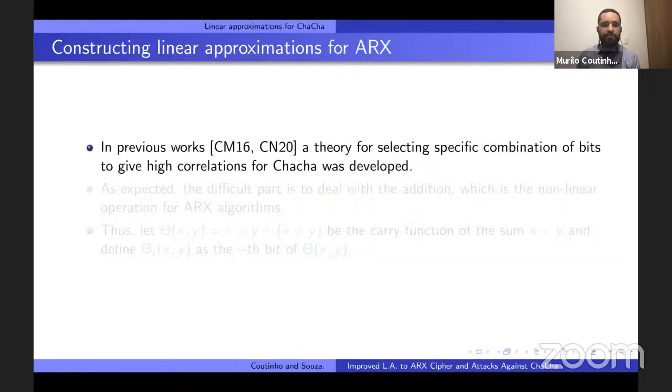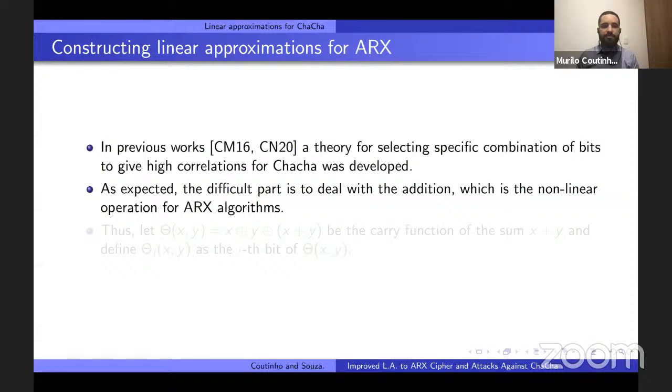To give you a taste of what this is about, previous works by Choudhuri and Maitra developed a theory for selecting combinations of specific bits to give linear approximations for Chacha. And as expected, the difficult part is to deal with the addition, which is the nonlinear operation for ARX algorithms.